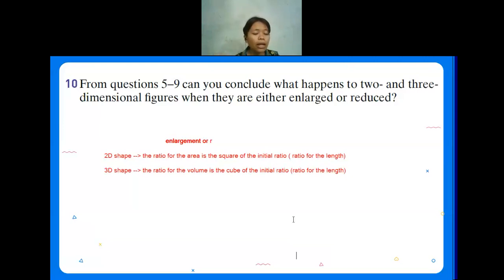A multiple of 3 can be 6, can be 9. A multiple of 1 can be 2, 3, 4, 5, and 6. So it will not be enough if you only say multiple or factor. It will be better if you say the square or the cube of it.